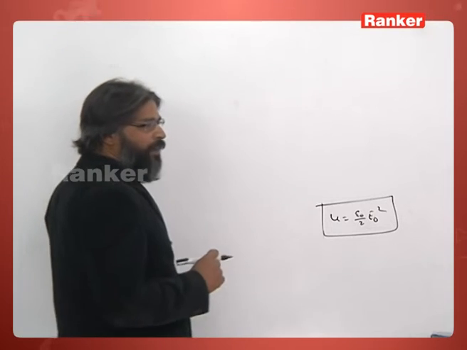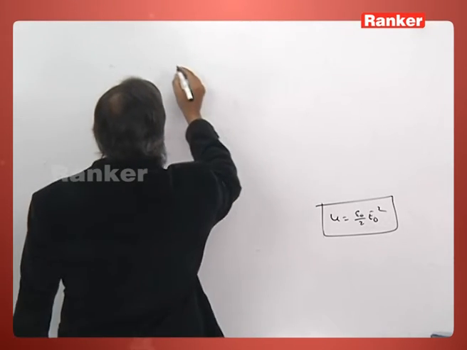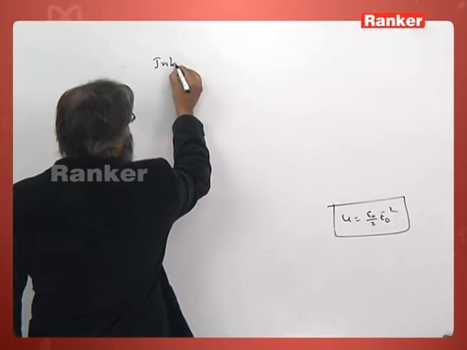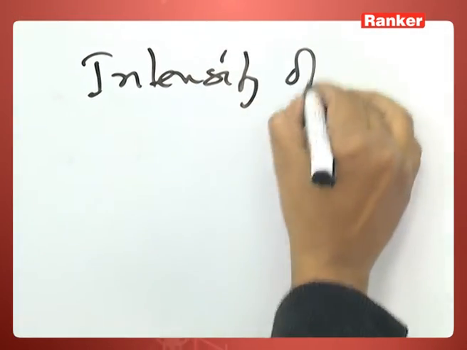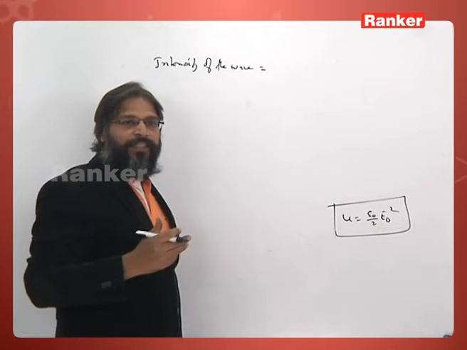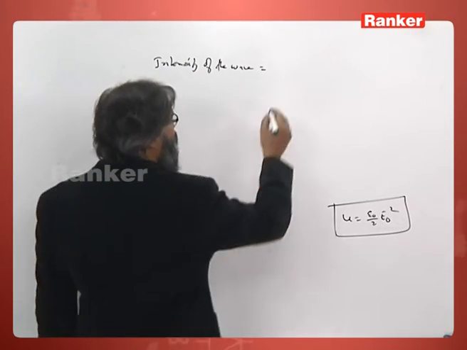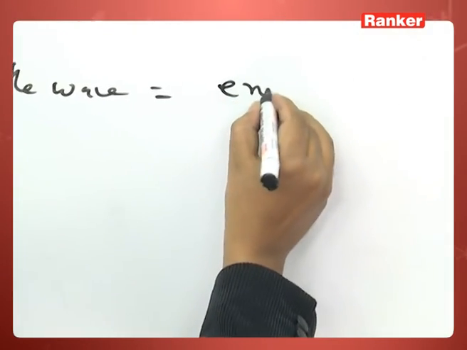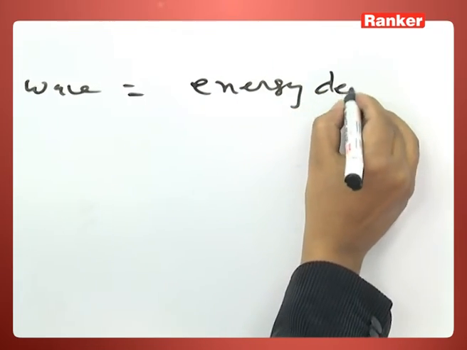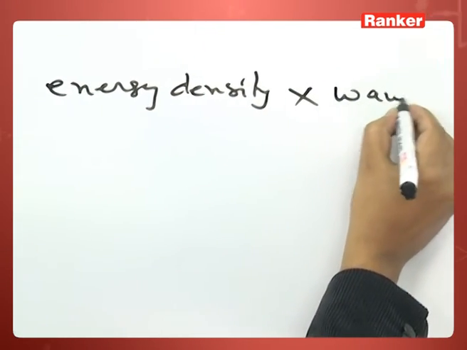So now you see that the intensity of the wave is the amount of energy transported per unit area per unit time, that can be written as energy density into wave velocity.